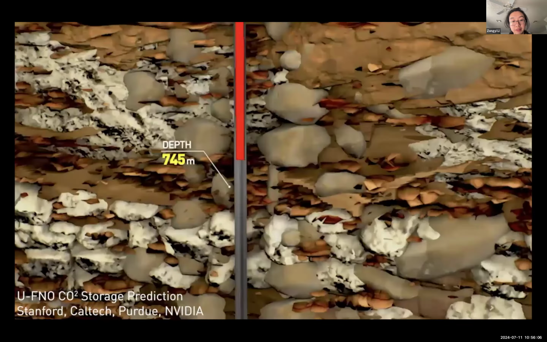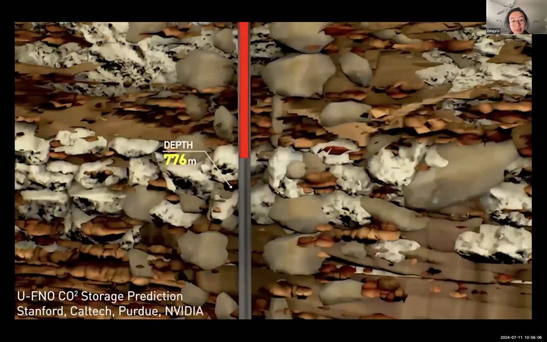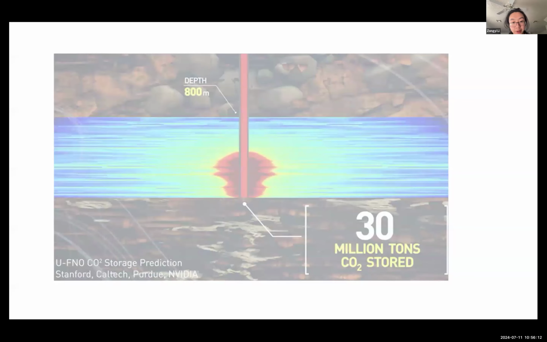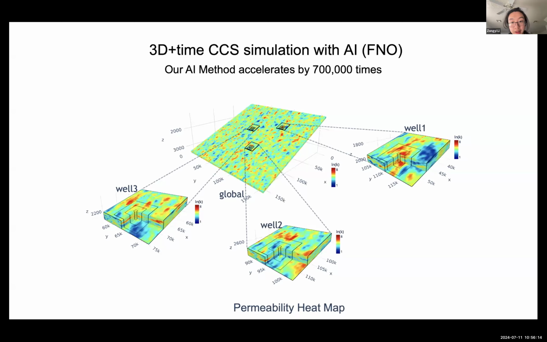So in this case, we simulate this reservoir, and the carbon will migrate under it. We have a 3D simulation with time. This is a multi-scale graph. We have several different injection wells, with a finer mesh around the injection wells and a coarser mesh over other places.